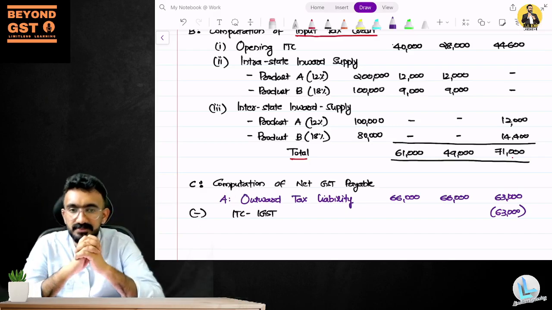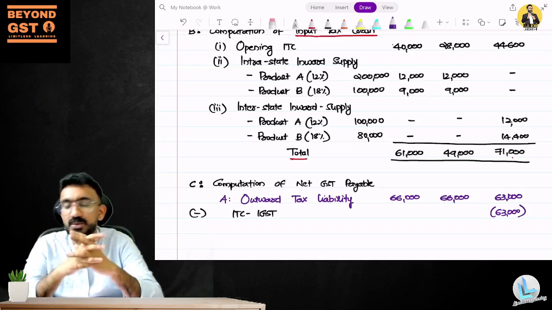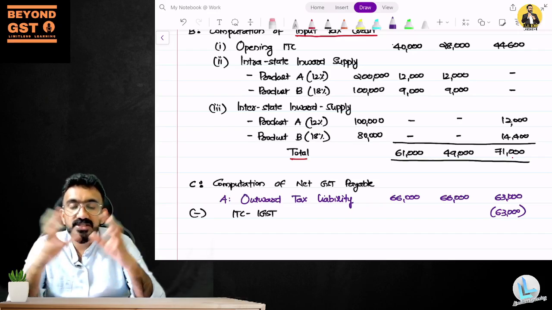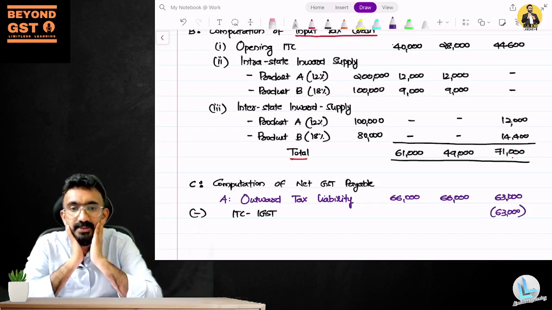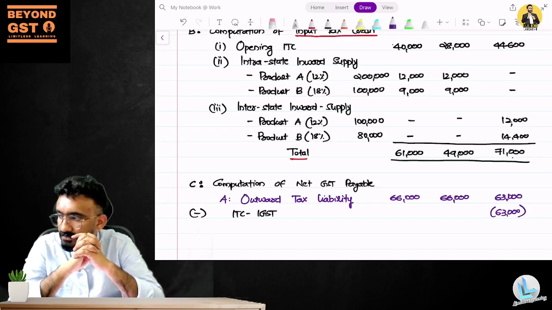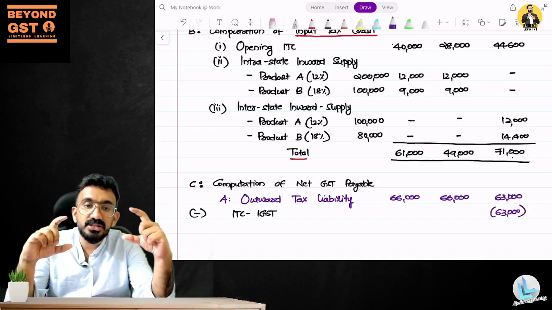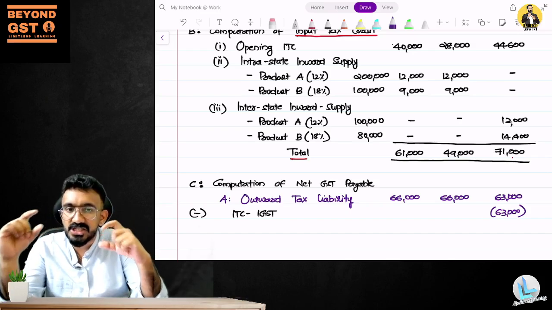Similarly, SGST. My liability for SGST is 66,000, my credit of SGST alone is 49,000. What is my gap? My gap is 17,000, right? So I can fill 17,000 of SGST with the gap, 5,000 of CGST with the gap.